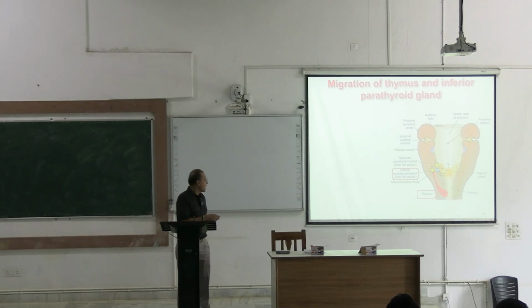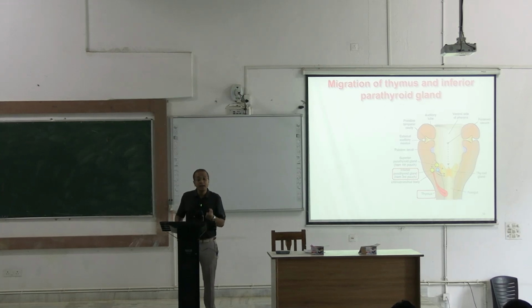Now, the third pouch develops a pair of parathyroid glands and the fourth pouch does as well. The third pouch, which derives this parathyroid gland, migrates more, goes down and creates the group we call the inferior parathyroid glands. The parathyroid gland derived from the fourth pharyngeal pouch does not move much, stays within that limit and creates the superior parathyroid gland.